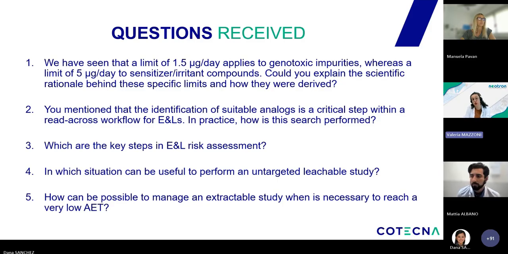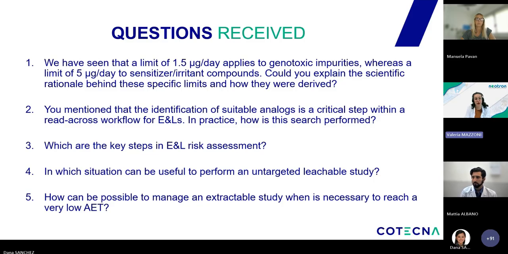So the extractable and leachable risk assessment starts by material identification for sure. So evaluating the list of all materials in contact with the drug product, for example. Then we must move to the extractable study, identifying and quantifying all potential extractables found in a supplier study and in the simulation study for the product that is under focus.